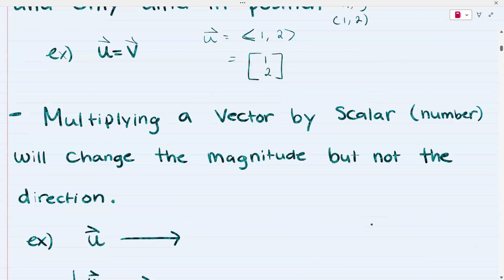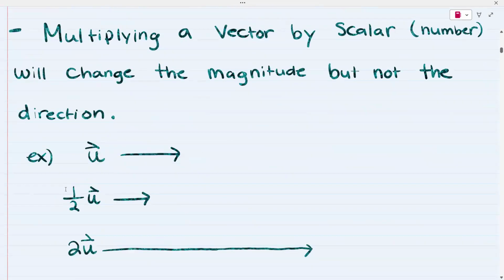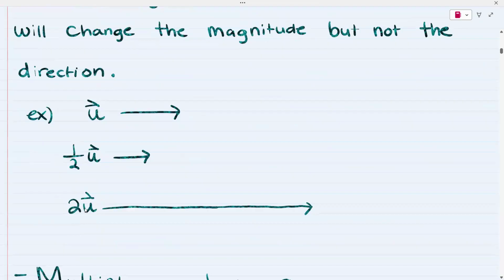Multiplying a vector by a scalar will change the magnitude, but not the direction, unless the scalar is negative. For example, if you multiply vector u by the scalar 1/2, it's going to look smaller. If you multiply the vector by the scalar 2, it's going to look longer.